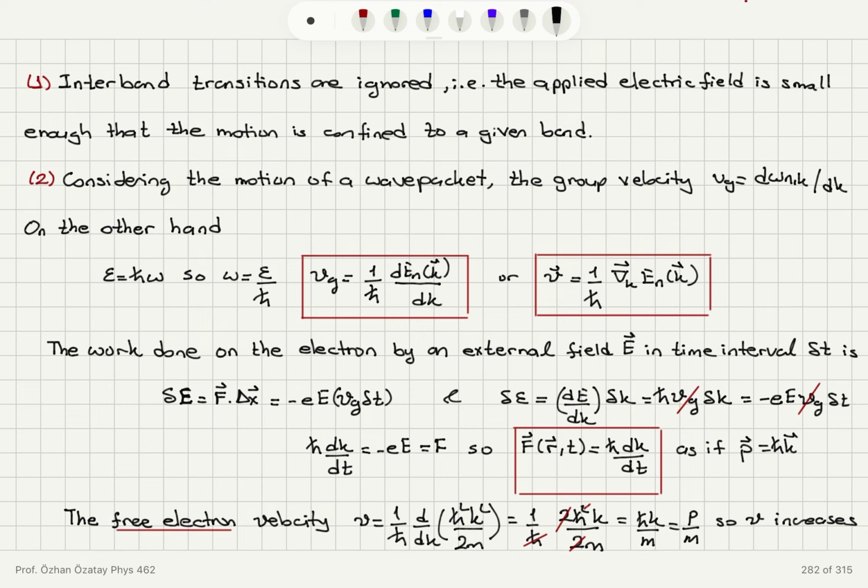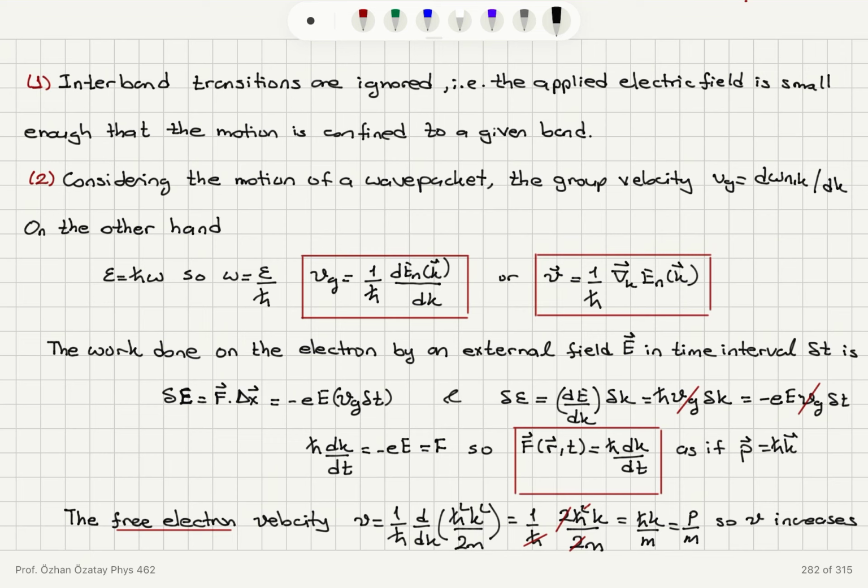Now, since the electron motion can be considered as the motion of a wave packet, we will use the group velocity to describe its velocity, and that is basically the derivative of its angular frequency omega with respect to k, and omega value depends on which band we are in.